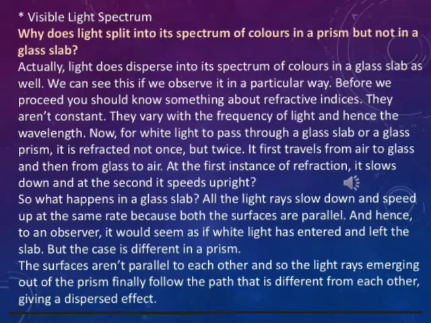But the case is different in a prism. The surfaces aren't parallel to each other, and so the light rays emerging out of the prism finally follow paths that are different from each other, giving a dispersed refraction.